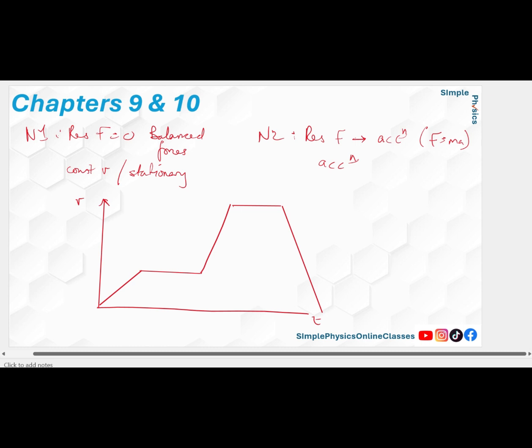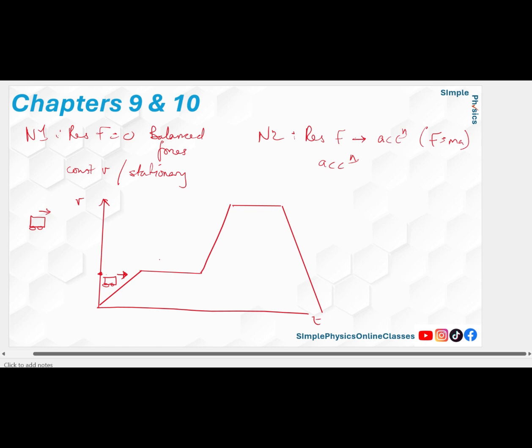First bit, constant gradient, let's say this was a car. So this was your car trying to go this way, all right? So here, what do you know? Well, you're accelerating, so there must be a resultant force. So that must mean there's a force this way, and there might be a small force this way. Okay, so therefore there's a resultant force.